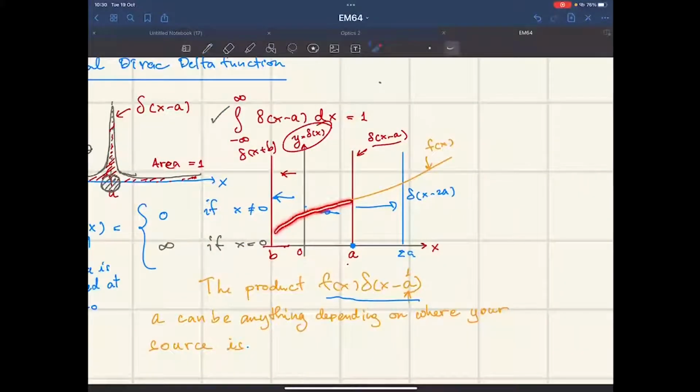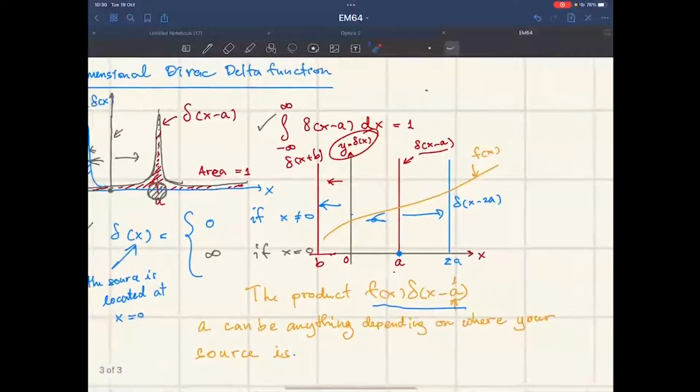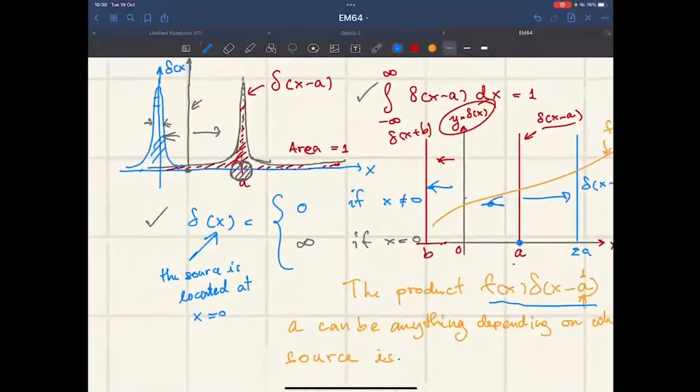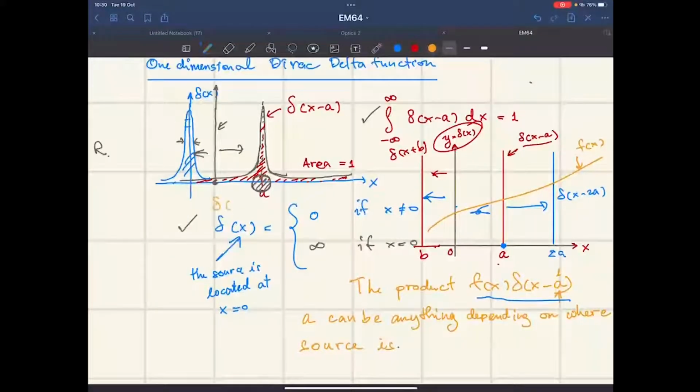So this is our f(x). This is our Dirac delta function. When you want to multiply it, as this tells us, if x is not equal to 0, it's 0 everywhere. So in this definition, if I write x minus a here, it means that it's 0 if x is not a, and it's infinity if x is equal to a.